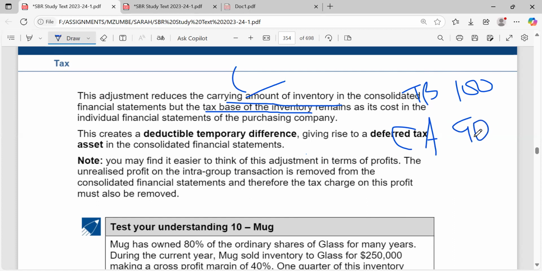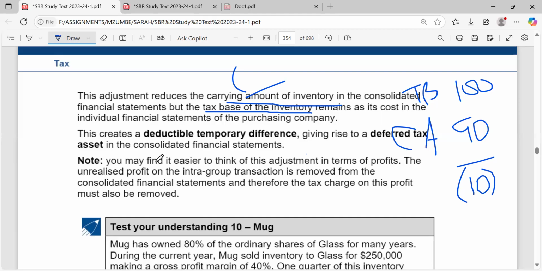If you take the difference, 90 minus 100 equals negative 10. This negative 10 is the provision for unrealized profit, and you will always see that it's negative. Negative means that it would bring a deferred tax asset, right? So just multiply by the tax rate to get the deferred tax asset figure. All right.